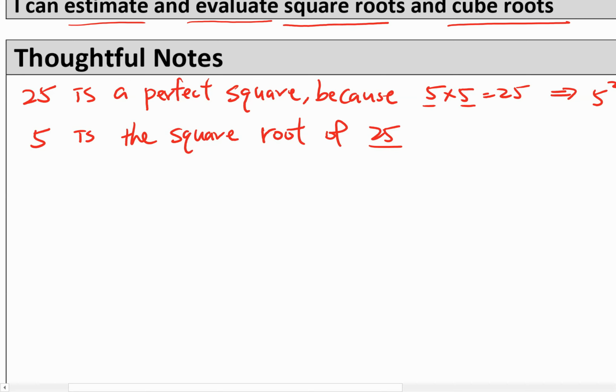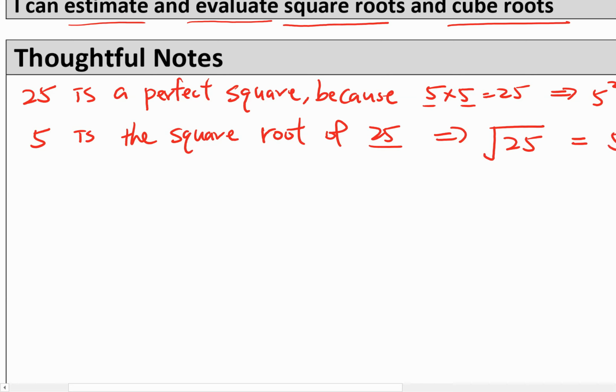In this case, that number would be 5. So we say that the square root of 25 is 5, and the notation is the square root symbol, square root of 25 equals 5.